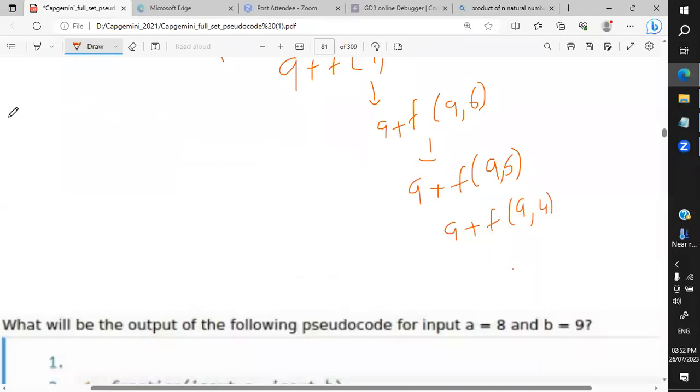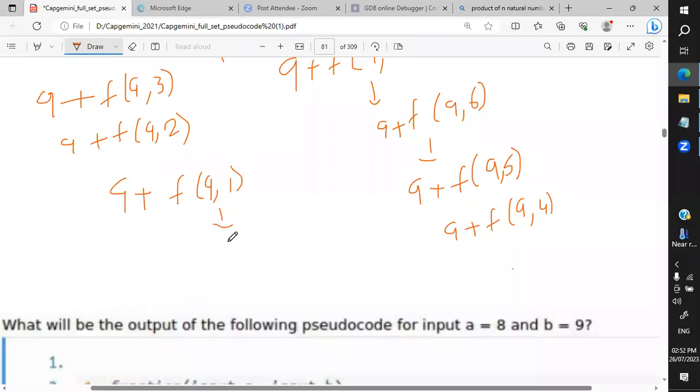For 9 comma 4, I am writing it here. It will call 9 plus f of 9 comma 3. 9 comma 3 will again call 9 plus f of 9 comma 2. And again 9 plus f of 9 comma 1.